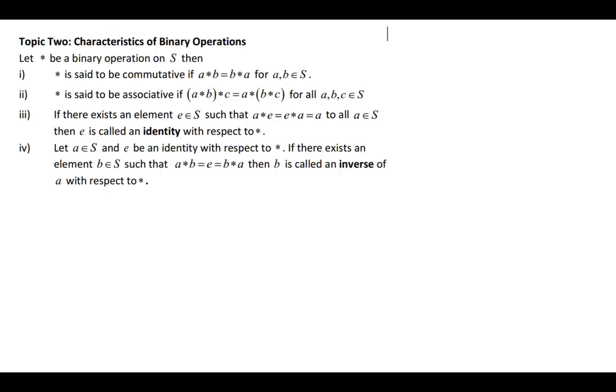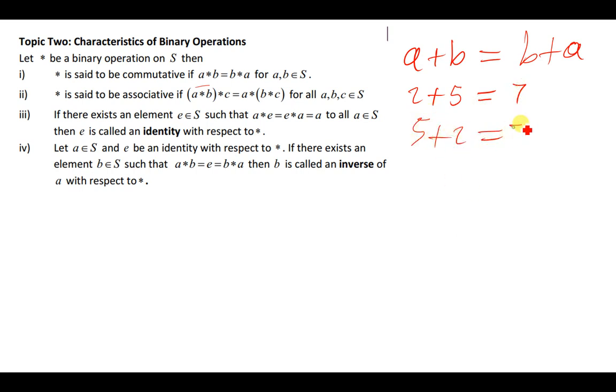So we look at the characteristics of binary operations. I've talked about the commutative law, which is just the arrangement where you say A plus B is equal to B plus A. So when you change the arrangement and the answers that you get are the same, it means that given operation obeys the commutative law. For instance, if you have 2 plus 5, the answer is 7, and then you have 5 plus 2, the answer will still be 7.